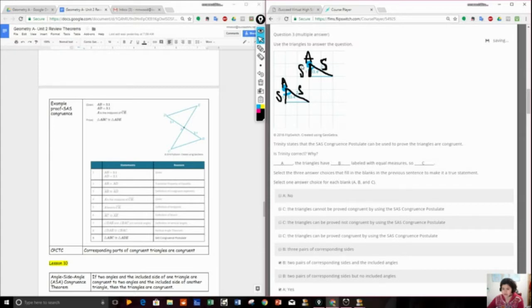We had the 1 pair, and then we had the pair that was 2.2 in length. And then the included angle, which was 63.4 degrees. So C, the triangles can be proved to be congruent using the side angle side congruence postulate.